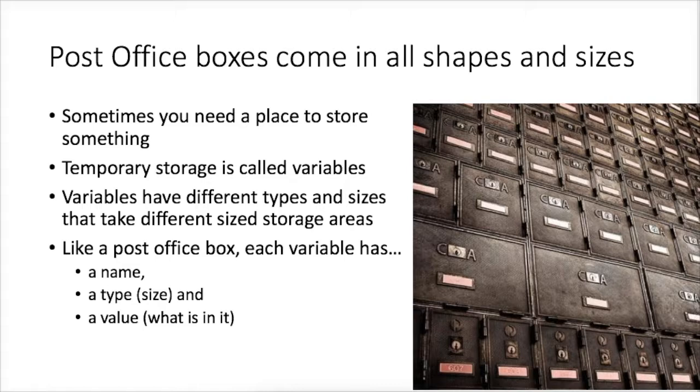That's the same thing as the size, what you can put into it. In some post office boxes, all you can put in them are letters, while others you can put a whole big package in them. And then the last thing that they're going to have is a value. Now that value in a variable equates to what is inside of that post office box. What are you storing in it? So it's going to have all three of those things for it to be useful to you.